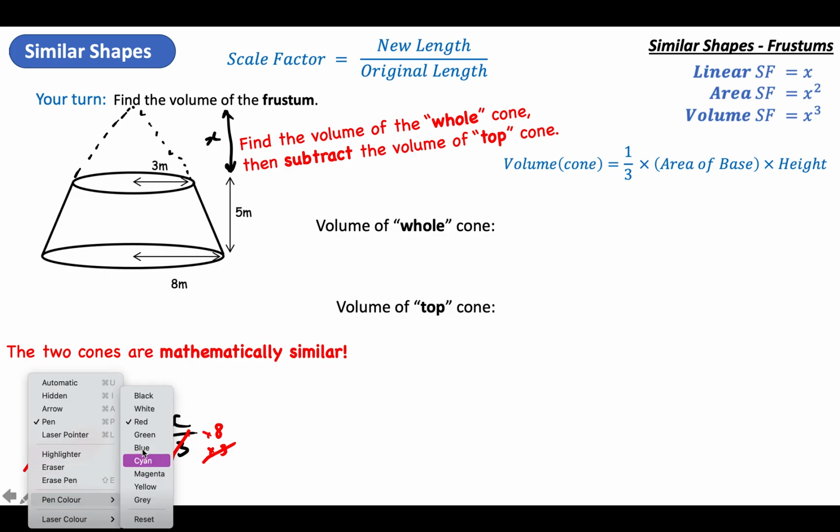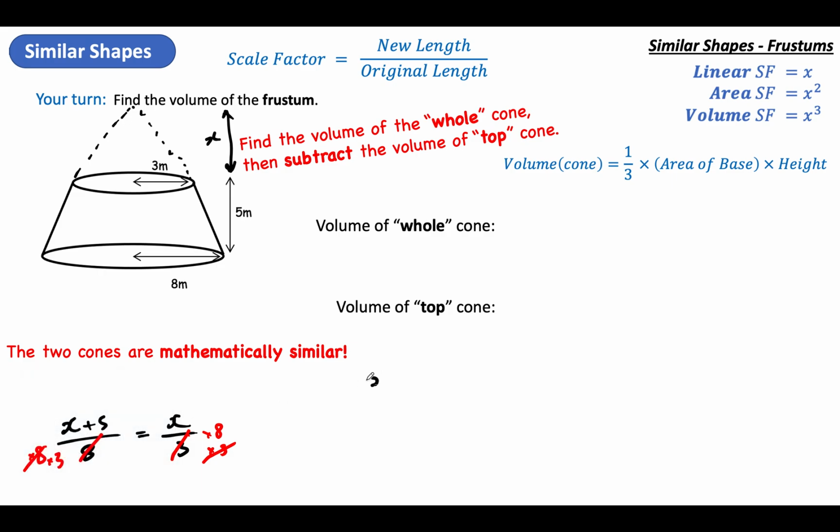Hang on, let's get a pen on this. Right-hand side by 8, so 8x. And the left-hand side I'm timesing by the 3. It's kind of like this sort of cross-multiplying thing to get rid of the bottom of this fraction, okay? And so times that by 3, you get 3x plus 15, because you times both bits by 3. Okay, neat little trick that.